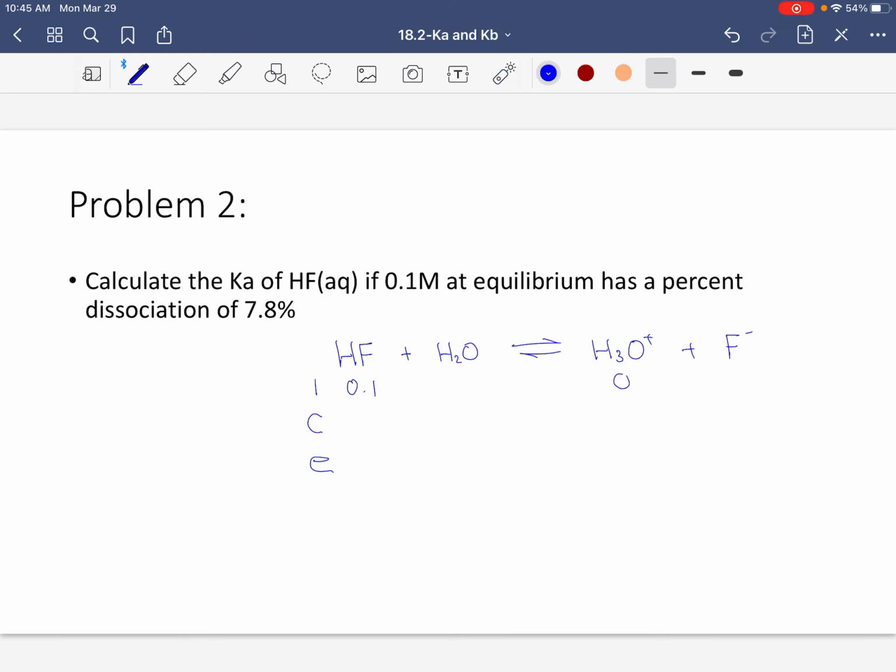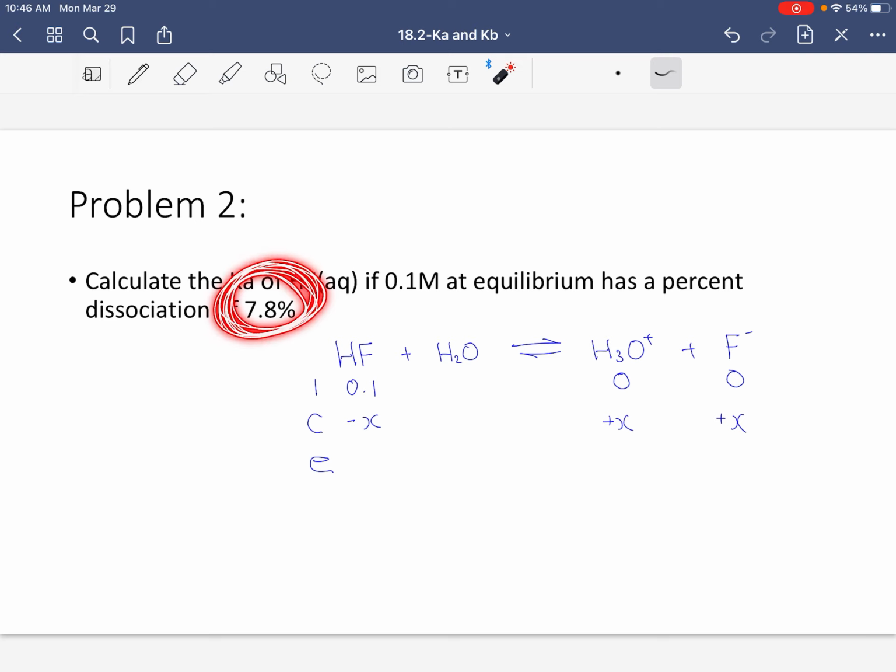And we had none of these to begin with, because we haven't dropped this in yet. The ratio is 1 to 1 to 1 to 1. So you can pretty much bet that you'll start losing some HF, while on this side you start gaining some H3O, you start gaining some F minus. How much? It kind of tells you how much.